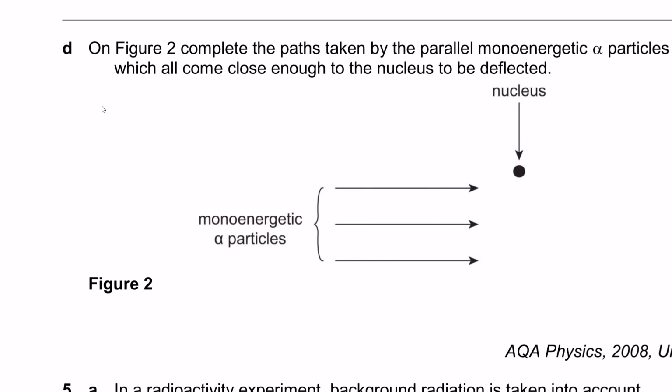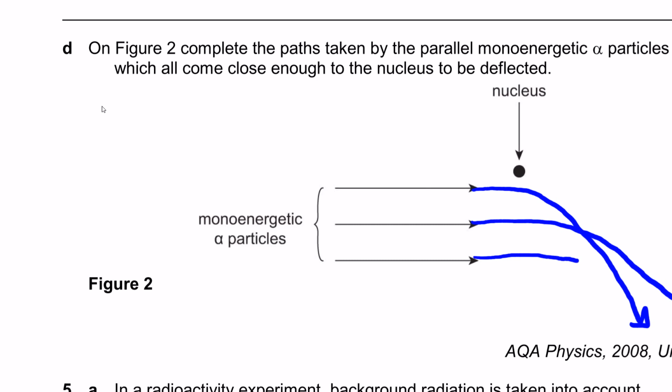So the maximum deflection is going to occur here, closest. It's going to feel the strongest repulsion of the nucleus. Next strongest is in the middle, and the weakest one, still deflected slightly, is going to be there. Okay.